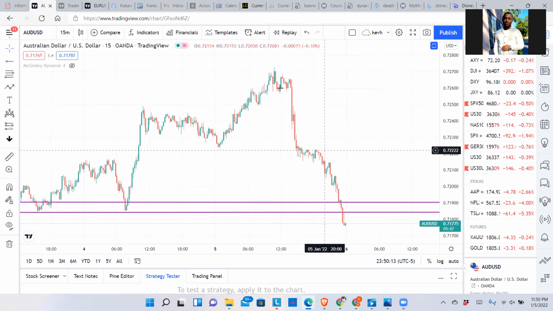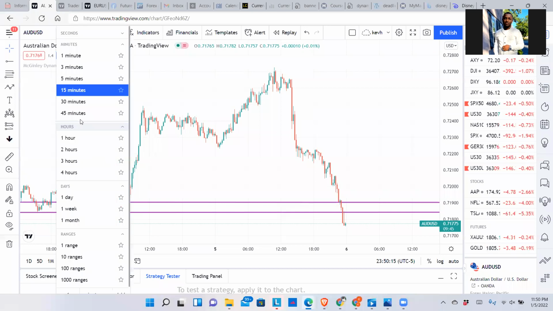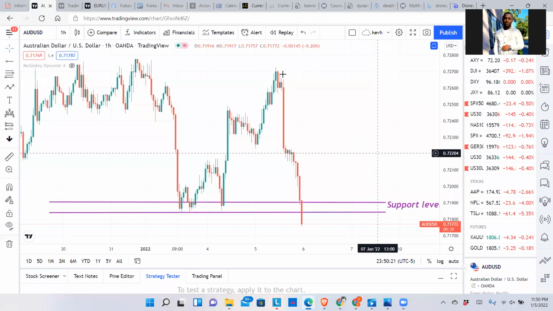Now, this trade, let me just show this trade to you. I called this trade for the group earlier, for anyone who took the signal. I know it went back to a stop loss, but then again, it massively dropped down for us. So it was right here. I wasn't even expecting it would drop this much.